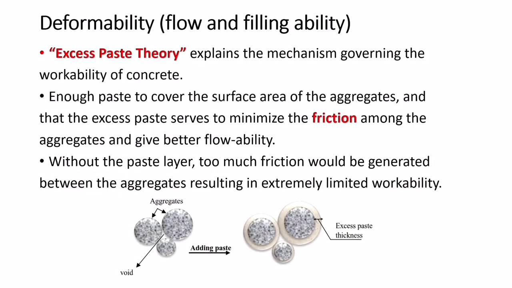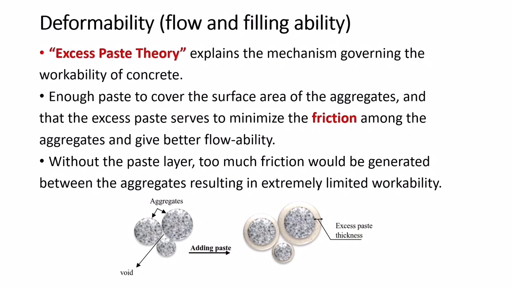Deformability. SCC's paste theory explains the mechanism governing the workability of concrete. There must be enough paste to cover the surface area of the aggregate, and the paste minimizes the friction among aggregates and gives better flowability.